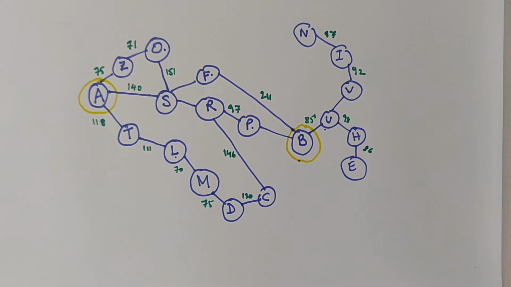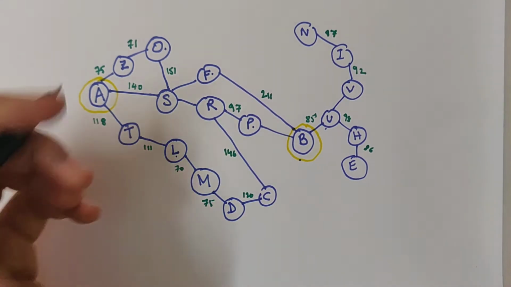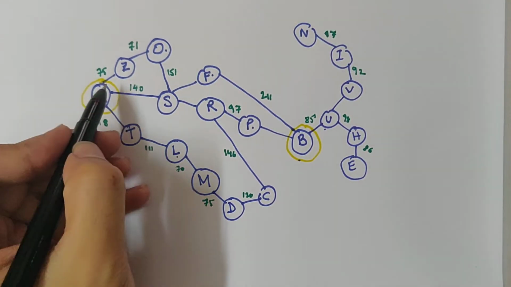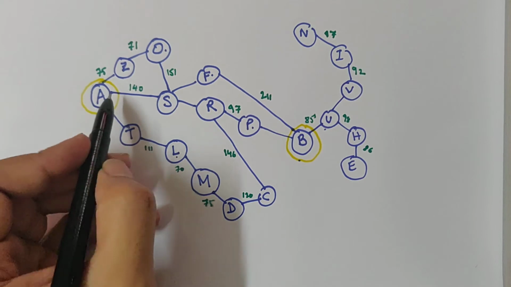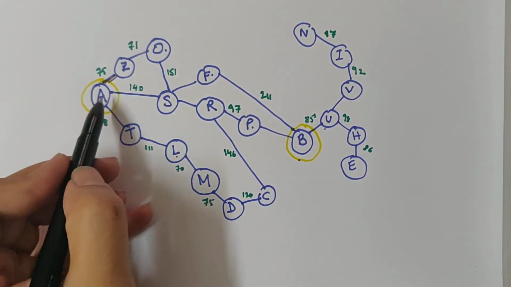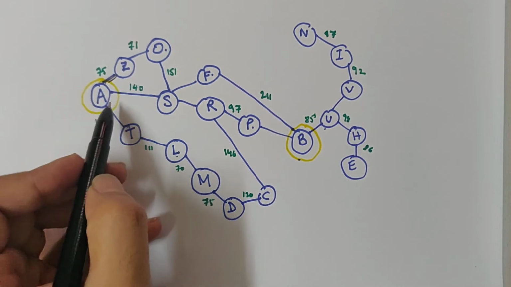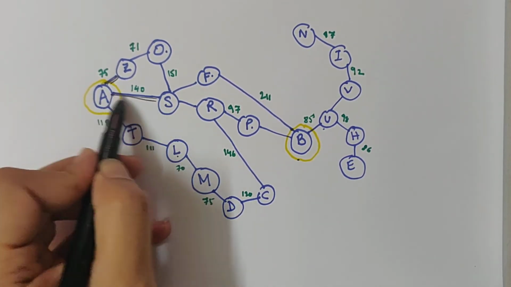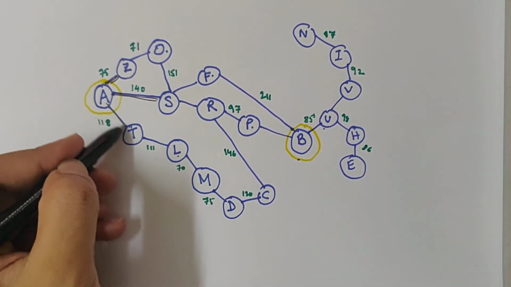Like we start from A, that is our initial state. From there I can do three different types of actions. I can add a path of length 1 from A to Z, from A to S, from A to T.